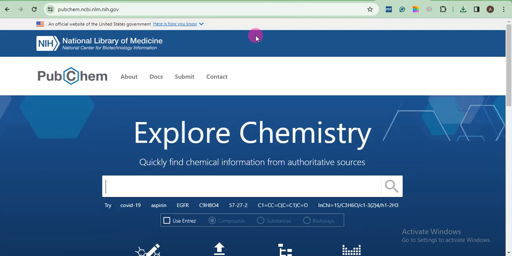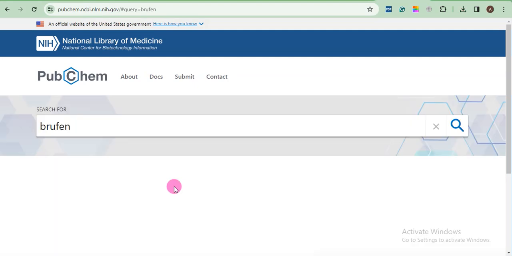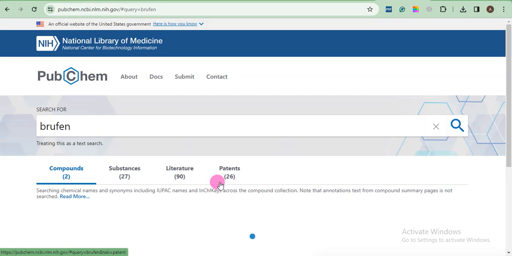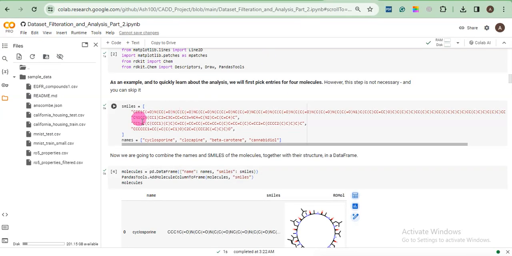For example, this is PubChem. For example, I type Ro5. This is your compound, or let's say any compound. So this is the SMILES. Copy from here and paste it here or somewhere else, but do not disturb the colon or double dash.